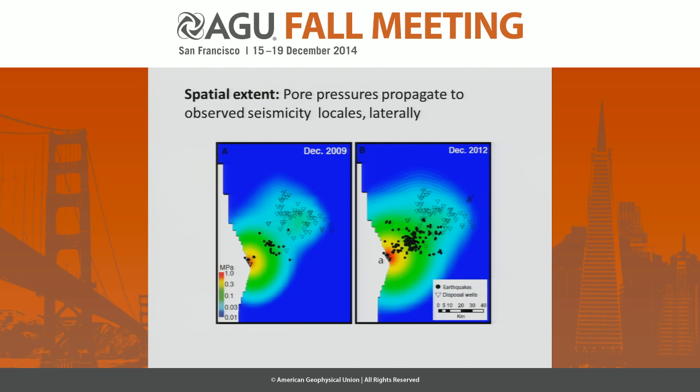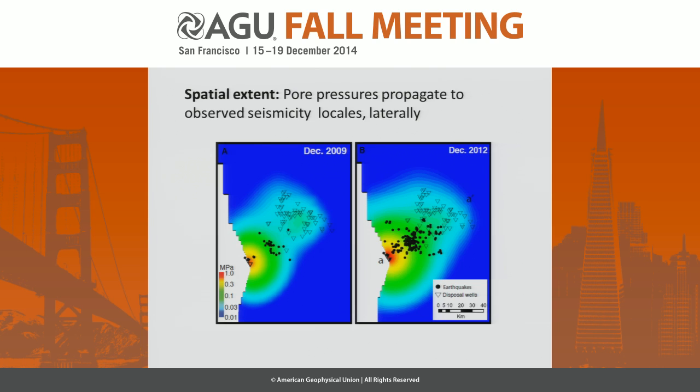And then this is 2009, and then 3 years later, and this color shows the pore pressure magnitude. And so the red region here is about 1 megapascal, and then progressively towards northeast. And these triangles are other injection wells in that area that are at much smaller rates. And the red dots are the seismicity locations.